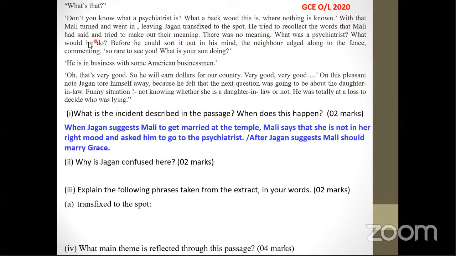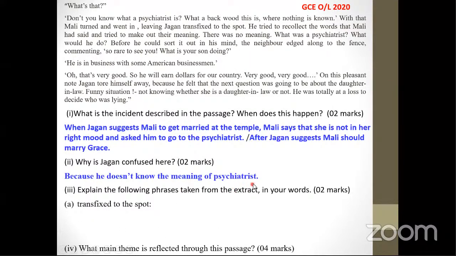So all these things make him so transfixed. Why is he confused here? Who is a psychiatrist? A doctor who treats patients with psychological problems. In other words, mental problems.